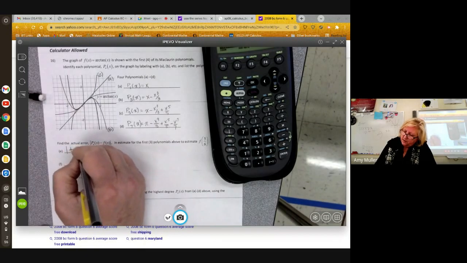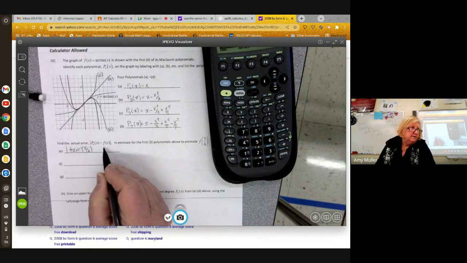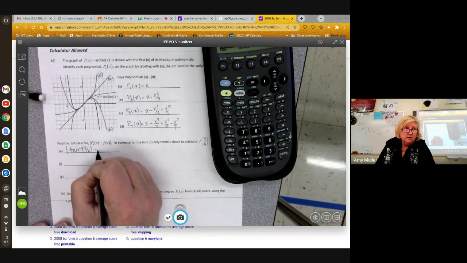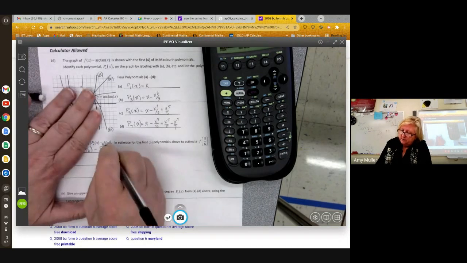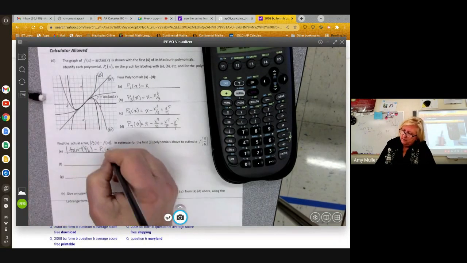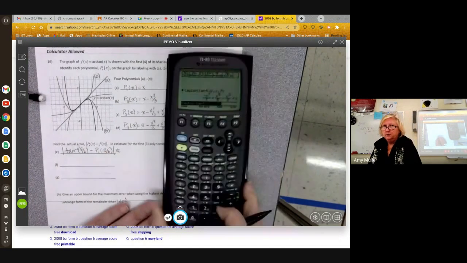Inverse tangent of 5/6. Does it matter if I do f first or not, with the absolute value bars? Do you care if I already wrote inverse tangent first? And then I'm going to go P sub 1 of x, or 5/6, is approximately. And then what are we going to do?